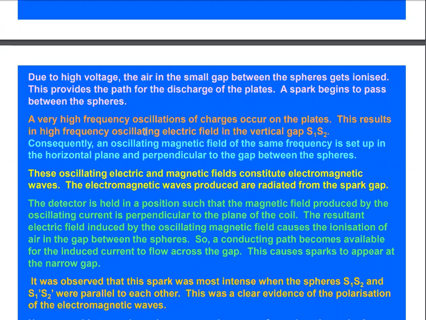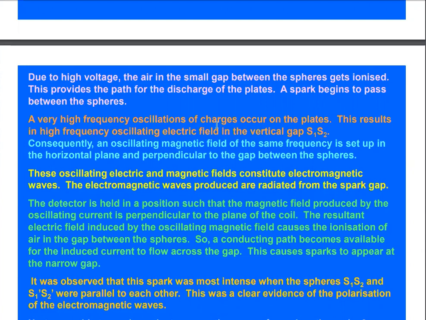A very high frequency oscillation of charges occurs on the plates, and this results in a high frequency oscillating electric field in the vertical gap. That means the electric field will oscillate along the direction S1 and S2, that is along the y-axis, you can say.